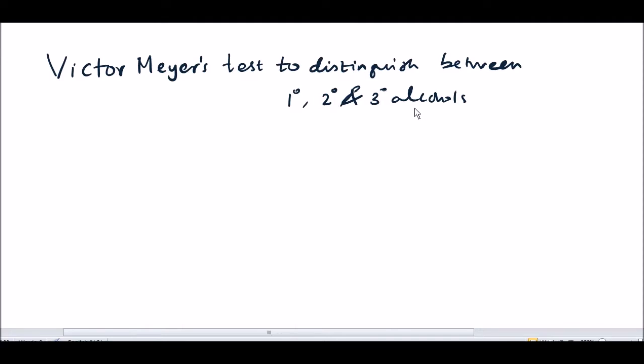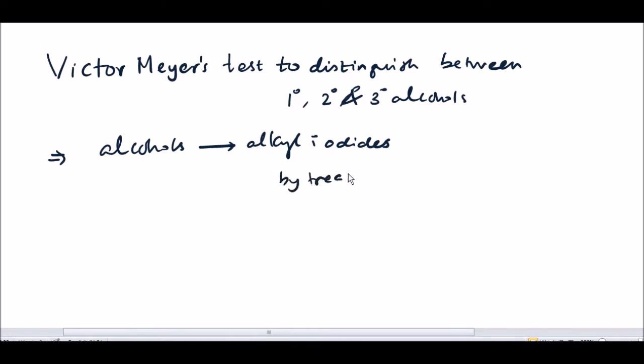It is one of the important tests, and the steps involved in this test will be: alcohols are first of all converted into the corresponding alkyl iodides by treating them with iodine phosphorus, otherwise by using PI3.